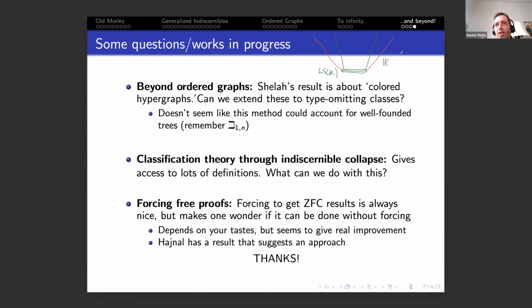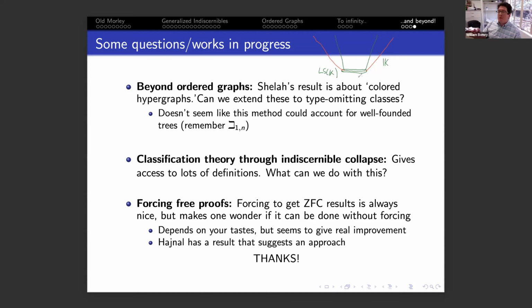I mean, one way to cheatingly answer the question would also be to say the weak AEC is something that is an AEC in some ground model, right? That would be preserved by forcing. But of course, that's not what you have.